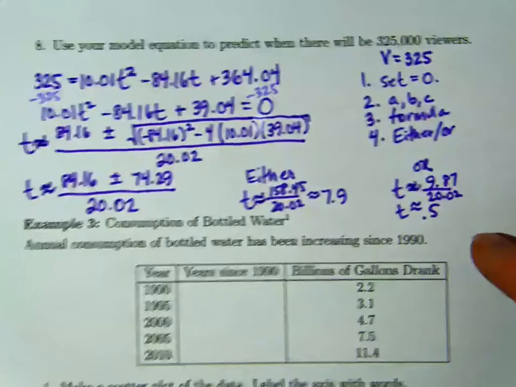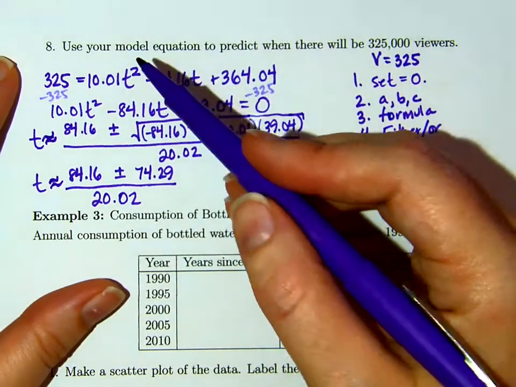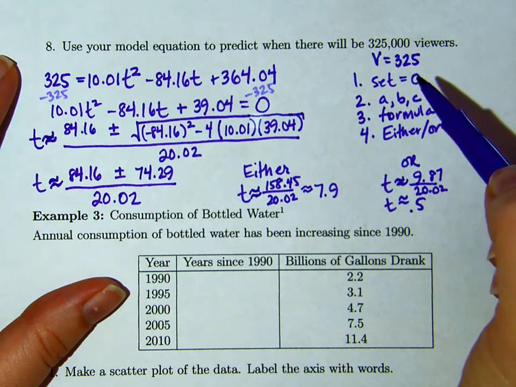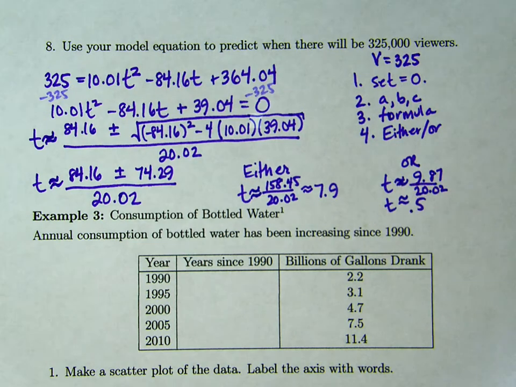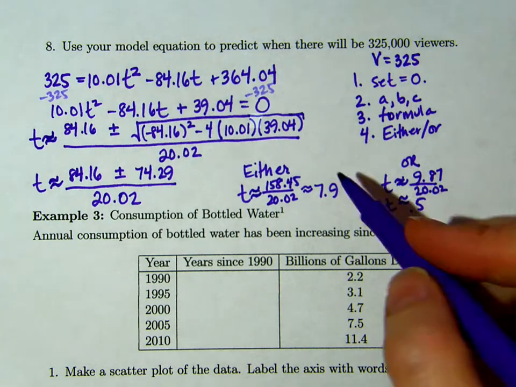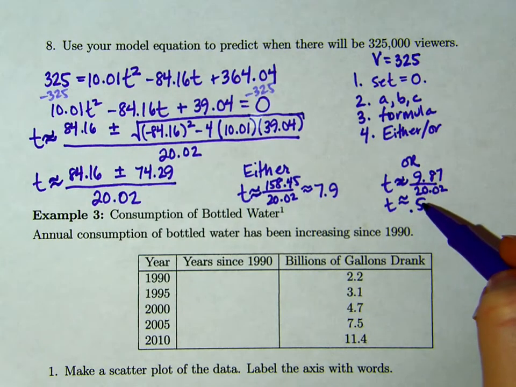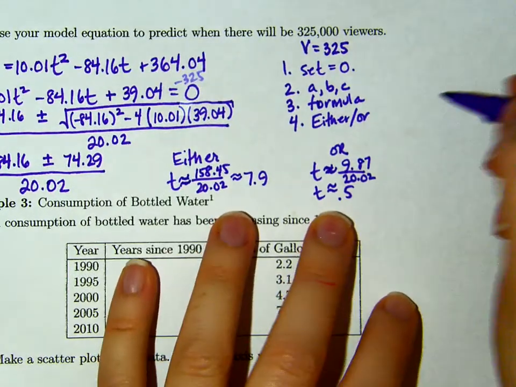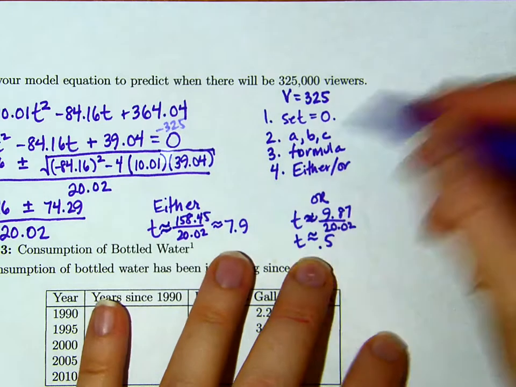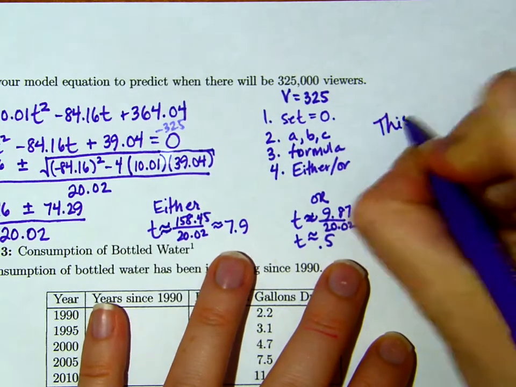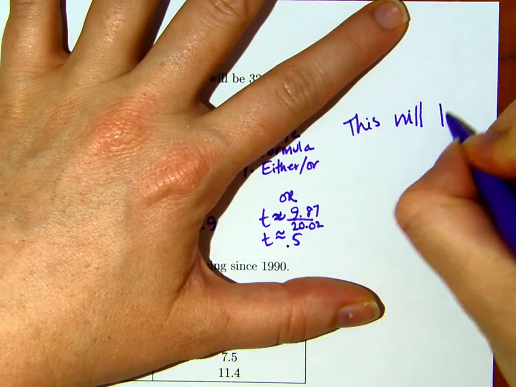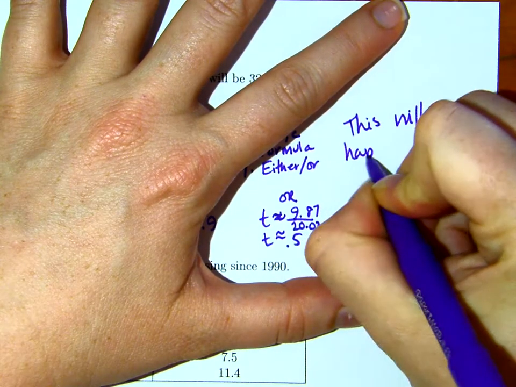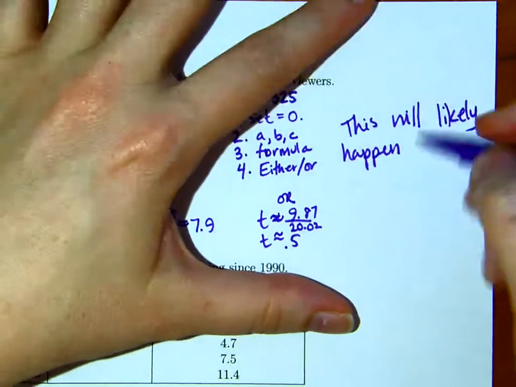Okay, so what did we just answer? Use your model equation to predict when there will be 325,000 viewers on average. Well, what is this? Years since 2000. So I see 2008 and actually right around 2000. So, let's say this will likely happen just before 2008.